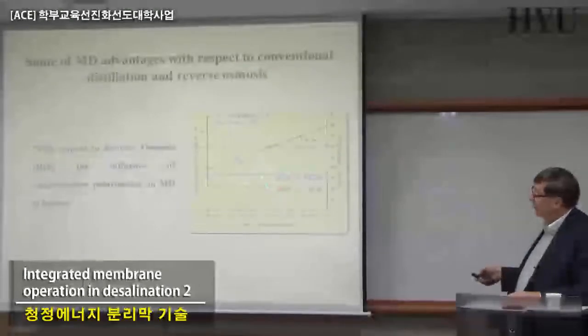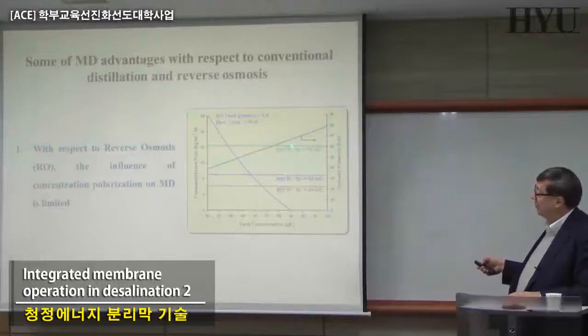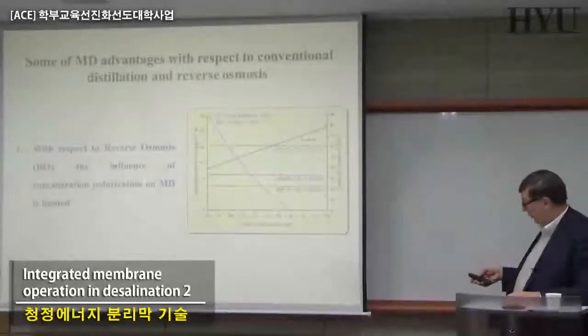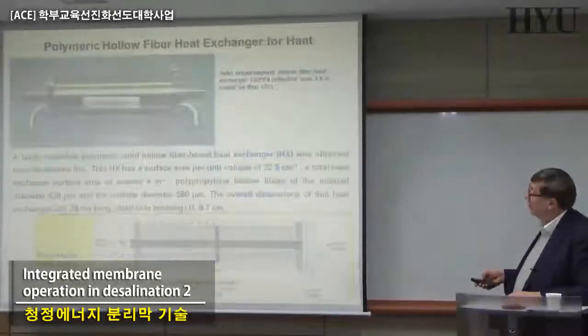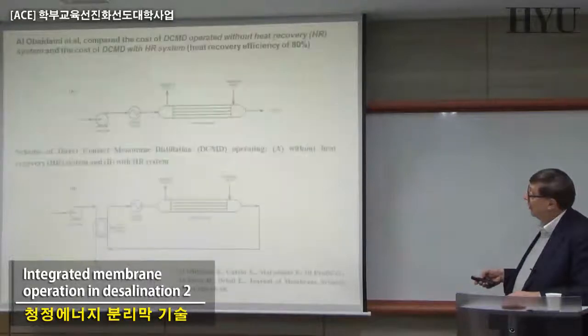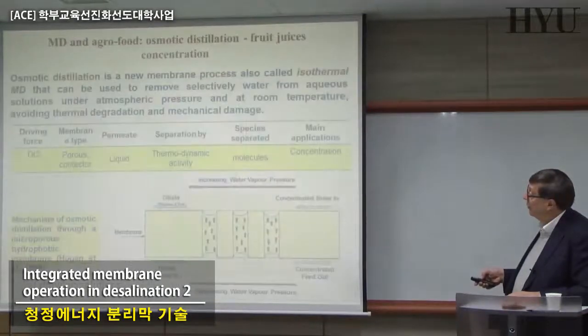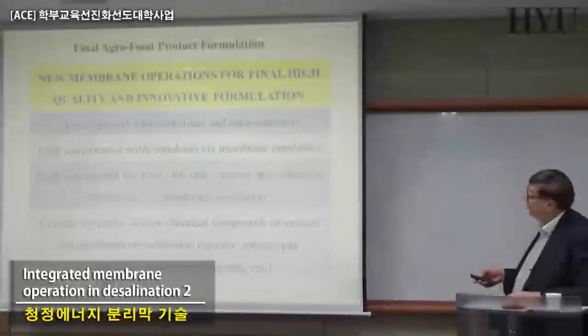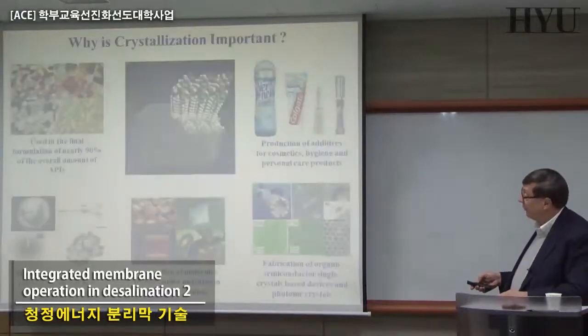If it's true that I can concentrate at any level, depending on the temperature, with the same level of transmembrane flux, I can do something more. I can try to use this system not only for the concentration, but for crystallization. Exactly the same, just using the same kind of approach.